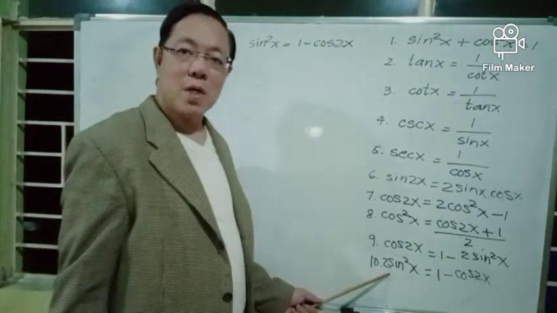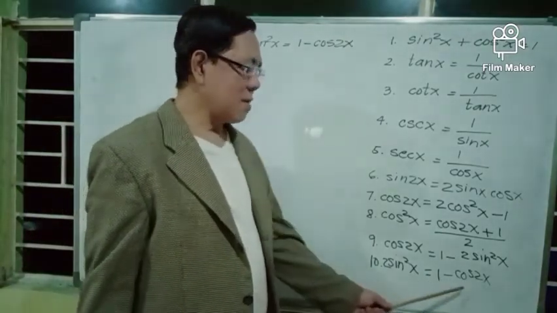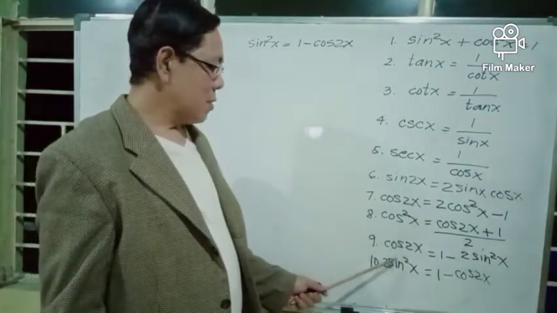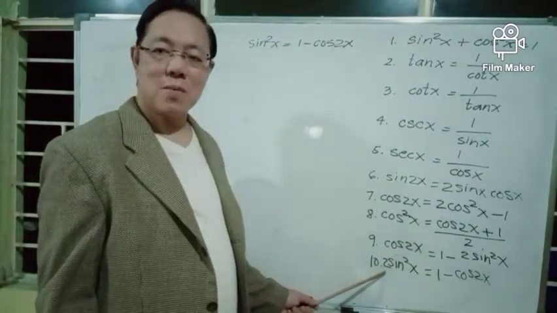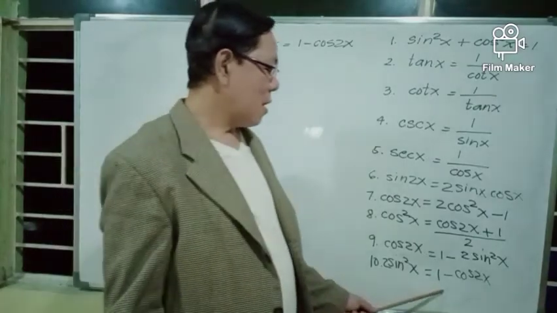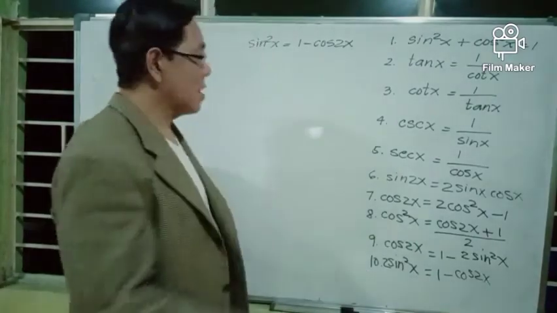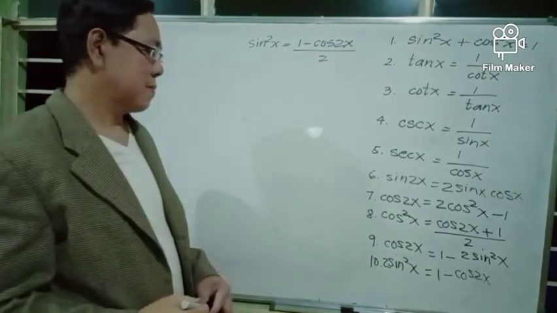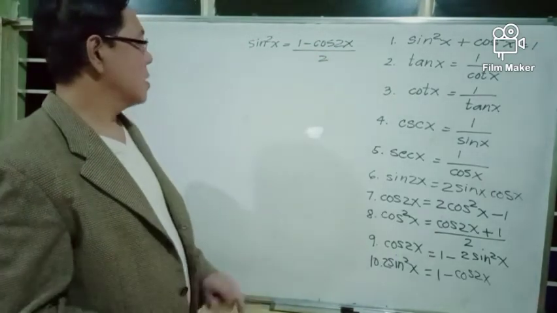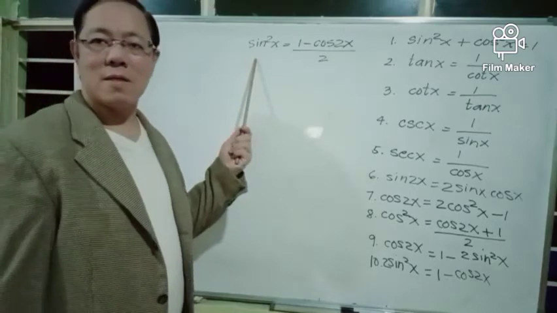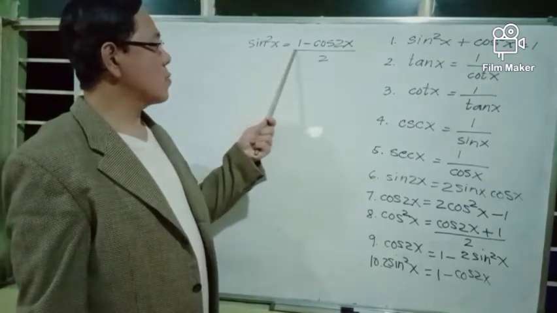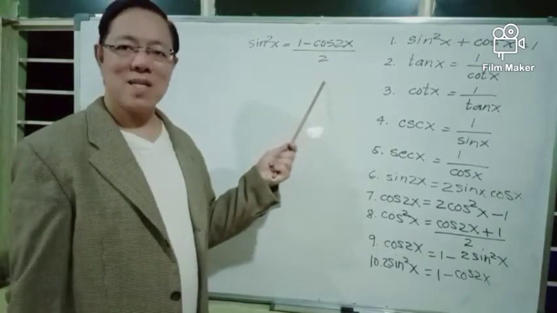If we divide by 2, the 2 will cancel out from the coefficient of sine squared x, and we divide the right hand side by 2. This is the 10th identity. The square of sine x is equal to 1 minus cosine 2x divided by 2.